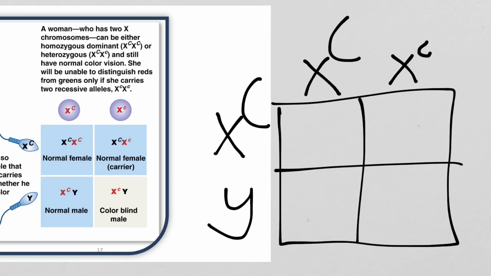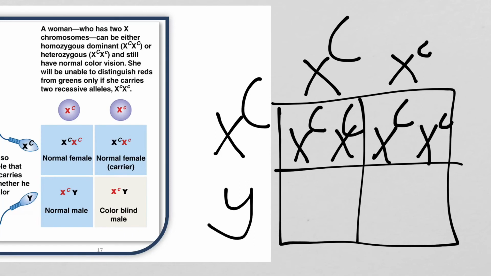colorblind c, lowercase c. So here we have a daughter with normal color vision, homozygous dominant. And then here we have a daughter with a normal color vision gene from papa and a colorblind gene from mama. So like mama, this daughter will be a carrier. Then we have a son with a normal color vision gene and a Y, because the color vision gene isn't on the Y, it's X-linked.